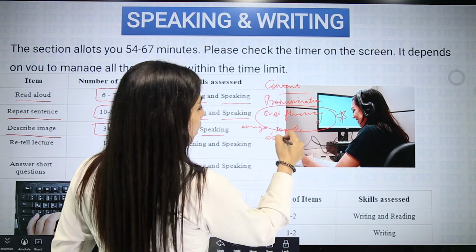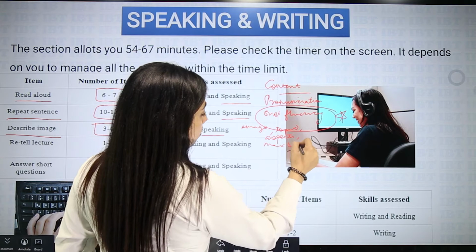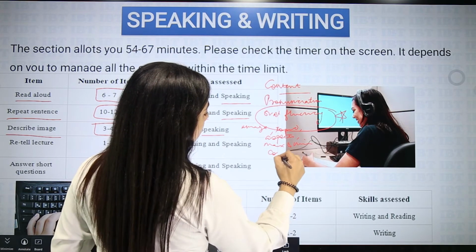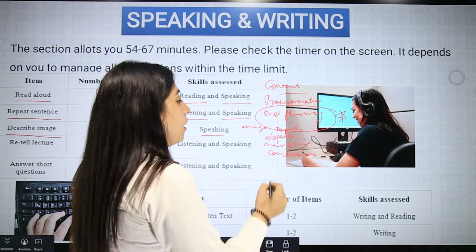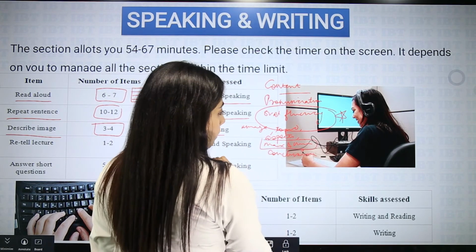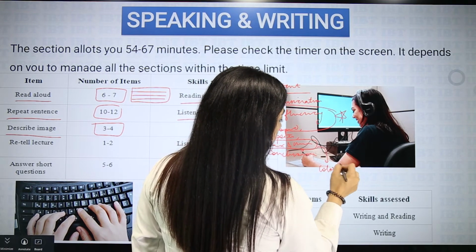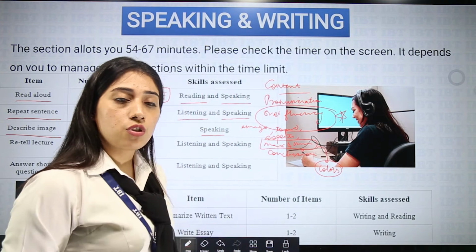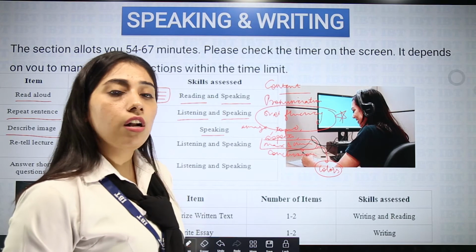You should know what all aspects are there that you can see on the screen, if there is any maximum or minimum value, or at last you will give the conclusion, right? If there is not a maximum and minimum value, there can be the chances that you can talk about the colors reflecting on that picture, right? So this is what you have to attempt in terms of your describe image.